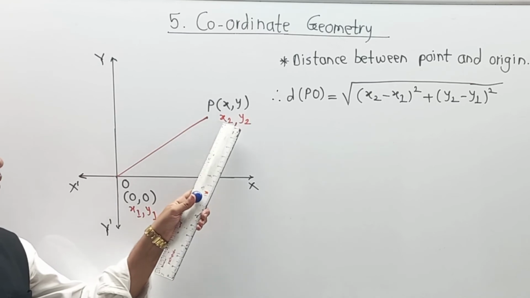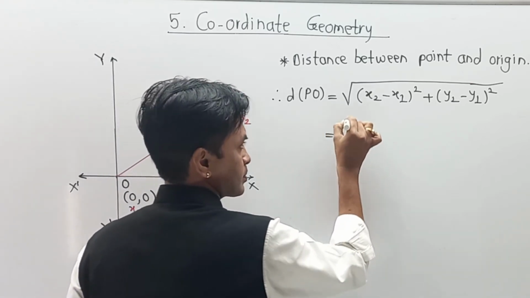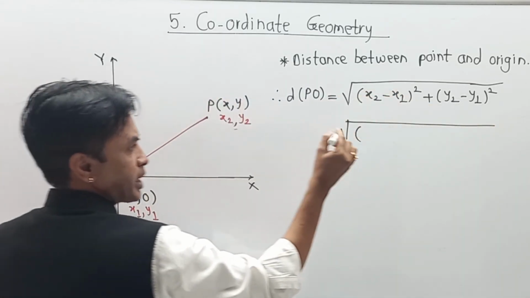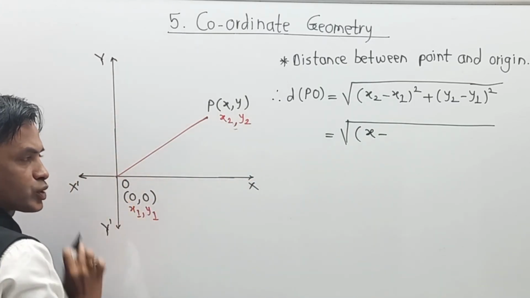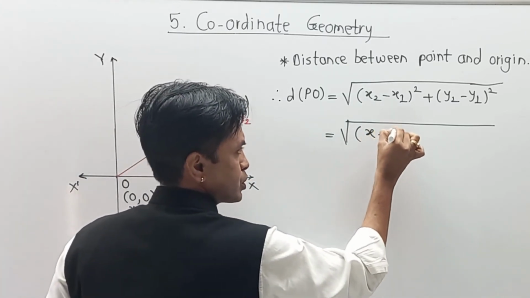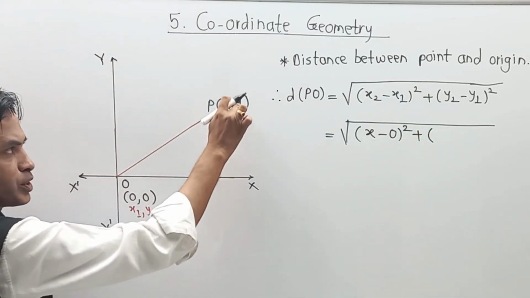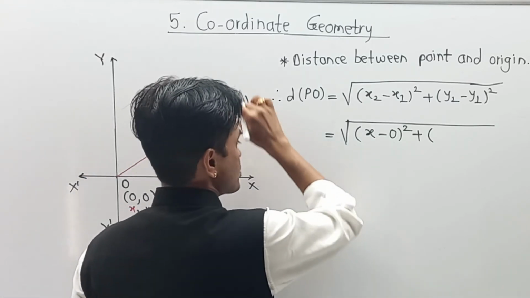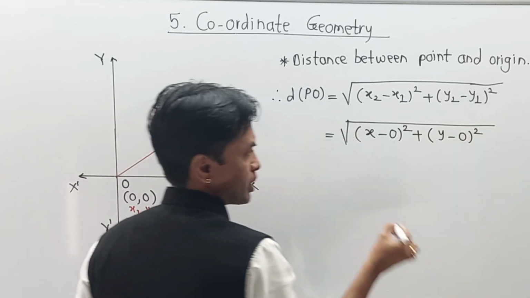Now if I put in the value of x2, that is x, so x minus x1, the value of x1 is 0, so 0 bracket square, plus the value of y2 is y, and the value of y1 is 0, so this becomes y minus 0 bracket square.